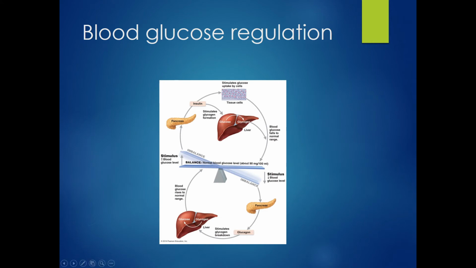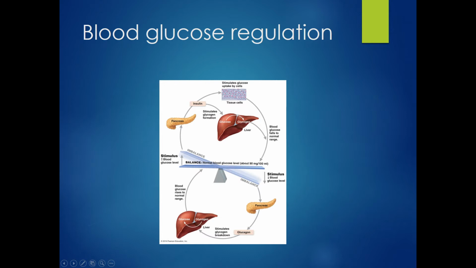Here just shows some blood glucose regulation. So when my blood glucose level is high, my pancreas will be stimulated to secrete insulin, which will do 2 things. It'll go to our muscle cells, tissue cells primarily, not our brain.